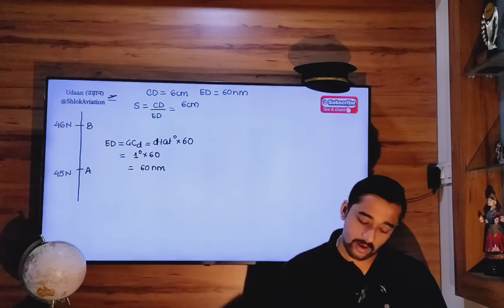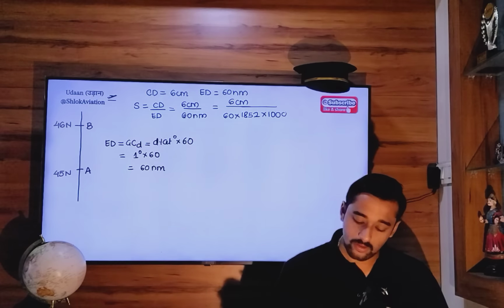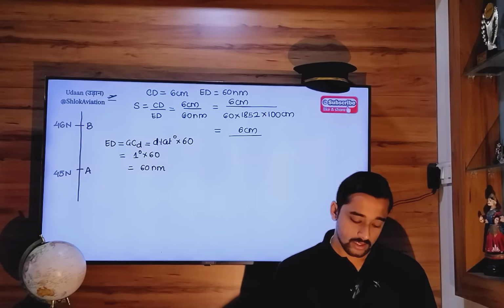6 centimeter divided by 60 nautical miles. So 60 into 1852 meter into 100 centimeter. So 6 centimeter divided by 60 into 1852 into 100.